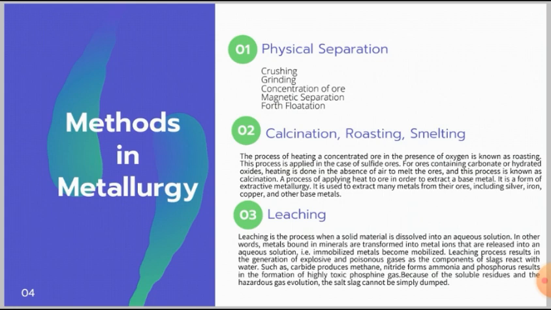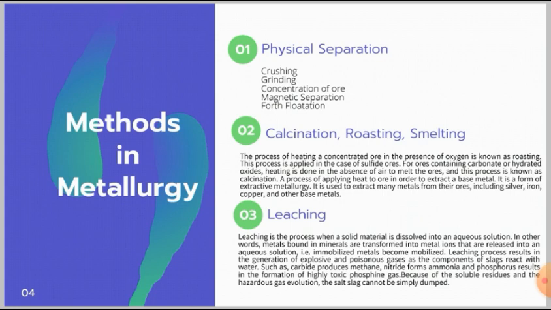smelting is a process of applying heat to ore in order to extract the metal. It is a form of extractive metallurgy, which is employed for extracting different metals from their ores, such as silver, iron, copper, and other metals, such as zinc.